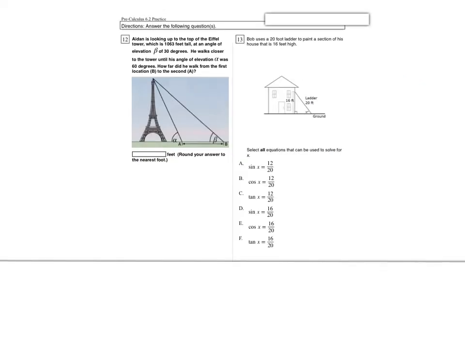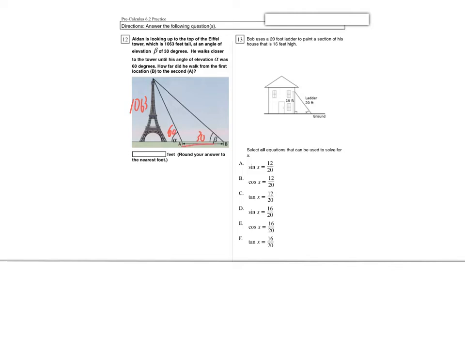All right, next up we got number 12 here. So for this one, what does it say? The Eiffel Tower is 1,063 feet tall, and they say this is 30, and then this is 60. Okay, and then how far did he walk?